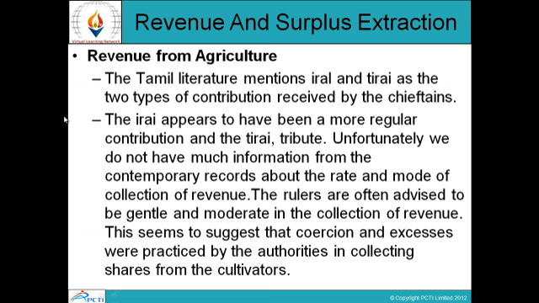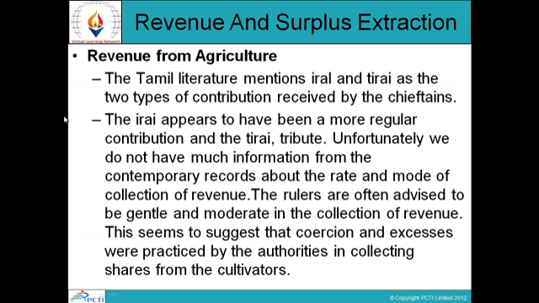Revenue and surplus extraction. Revenue from agriculture. The Tamil literature mentions Irai and Tarai as the two types of contribution received by the chieftains. The Irai appears to have been a more regular contribution, and the Tarai a tribute. So Tarai, they receive the contribution in the form of tribute, and Irai, they receive a more regular contribution. Unfortunately, we do not have much information from the contemporary records about the rate and mode of collection of revenue.